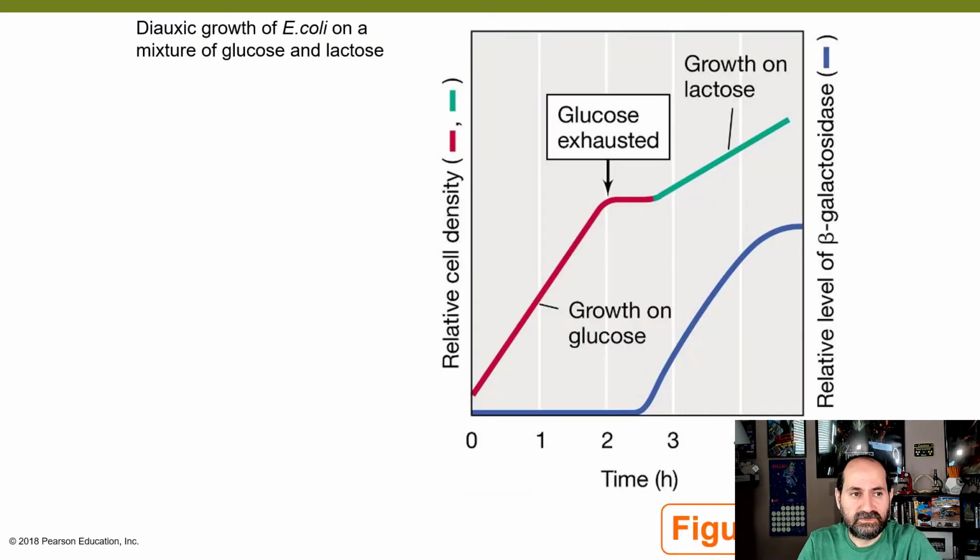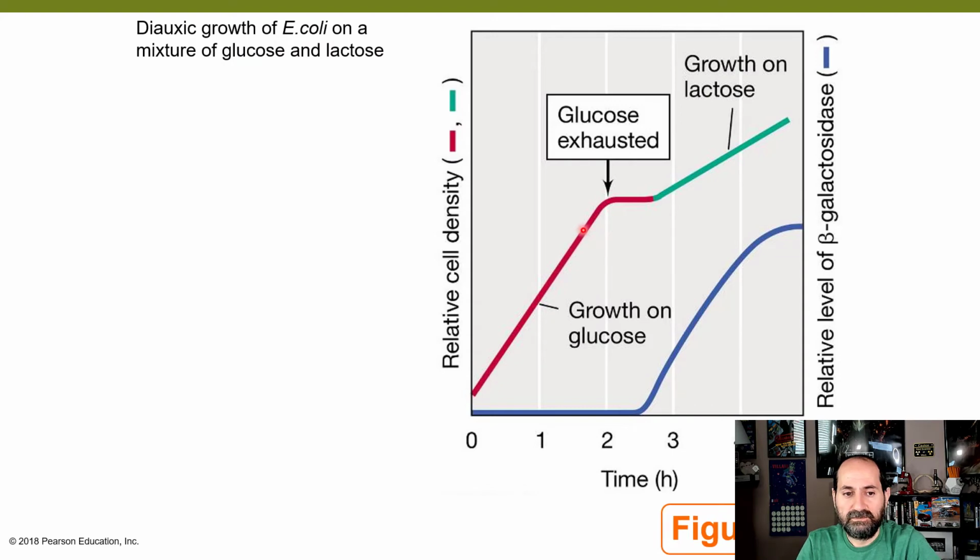This results in what's known as diauxic growth, where you have 2 growth curves. So E. coli will consume the glucose first, for instance.